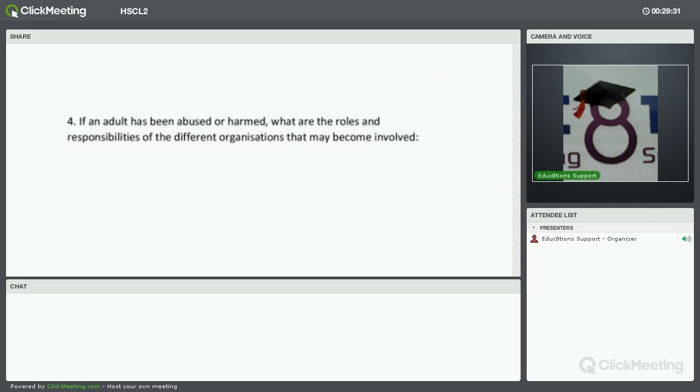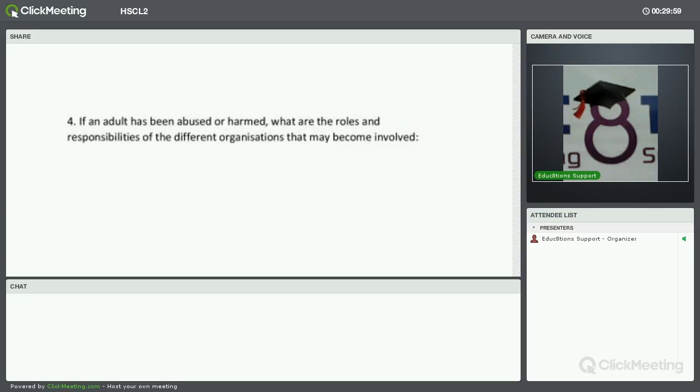And finally, if an adult has been abused or harmed, what are the roles and responsibilities of the different organisations that may become involved? So obviously client A or your colleague or whoever it is, that individual has actually been abused or harmed. So every single person that is going to be involved from on in, I want to know what their roles and responsibilities are.